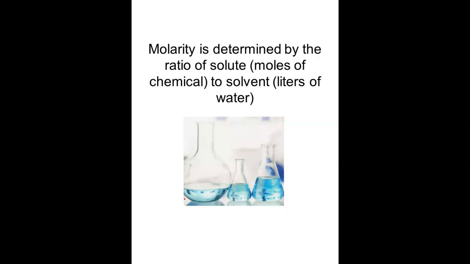But you notice that some of these beakers have more volume and some have less volume, yet the concentration is the same. That means that in these beakers, you have not only a different amount of chemical, but also a different volume of water. But the ratio is the same for all three of them, and that's why they have that same color.